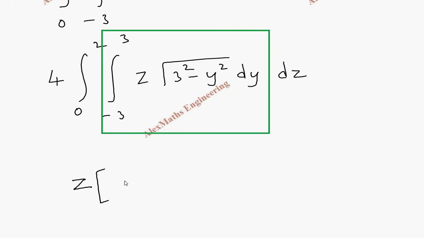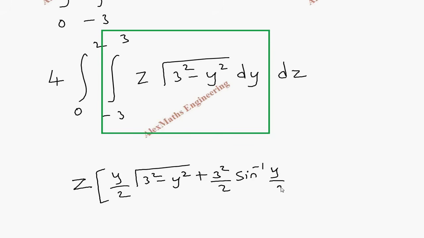This formula is y by 2 root of 3 square minus y square plus 3 square by 2 sin inverse y by 3, and our limit is from minus 3 to plus 3. Still we have dz, and outside we have 0 to 2, 4 times.